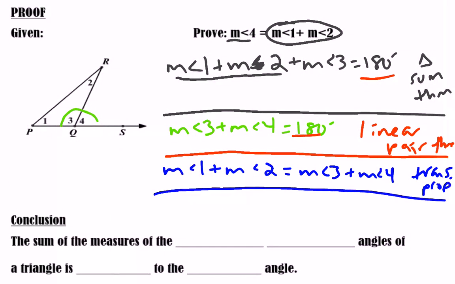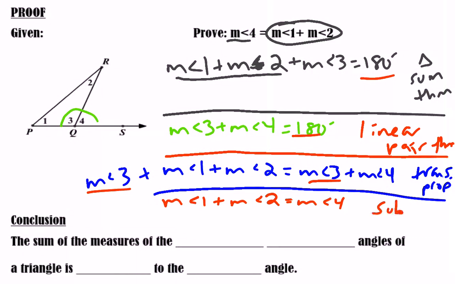What do you notice? What do I notice I have on both sides? I have a measure of angle 3, so we can subtract that from both sides, and now we're left with measure of angle 1 plus measure of angle 2 equals measure of angle 4, which is where I want to end up, and that was just by the subtraction property.